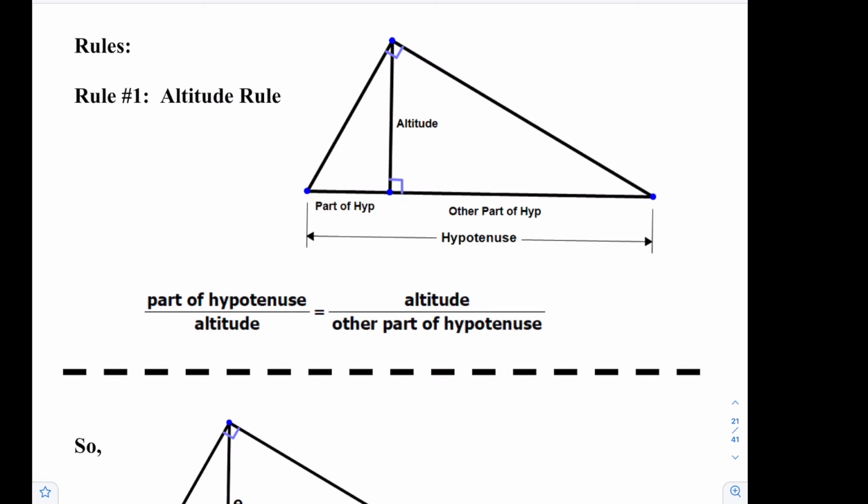So the altitude rule can be summarized as this.